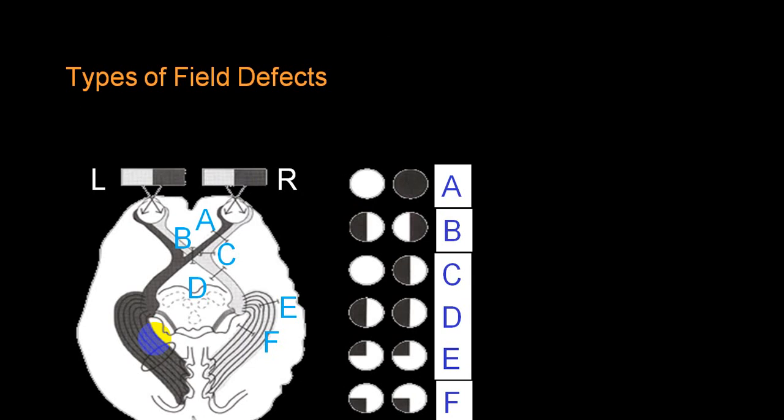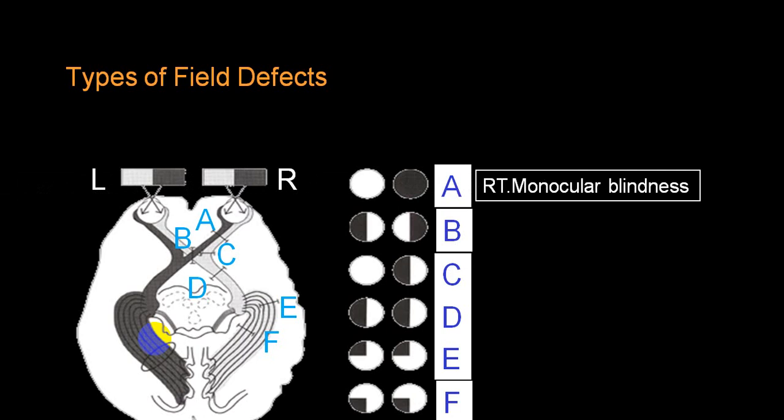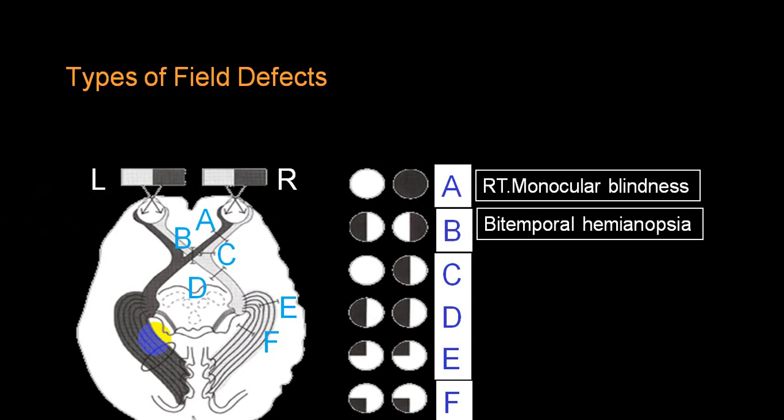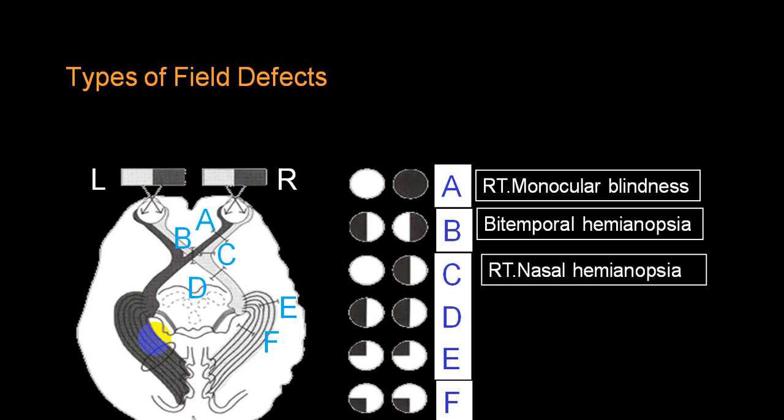Now you have to identify what is A. Take time. What is B? Bitemporal. What is C? It is right side nasal field gone. So damage at the level of optic chiasma laterally. Right side nasal hemianopia.